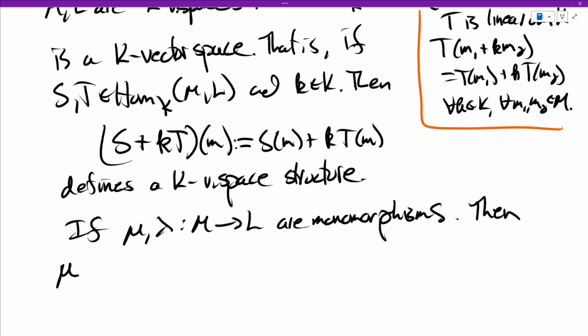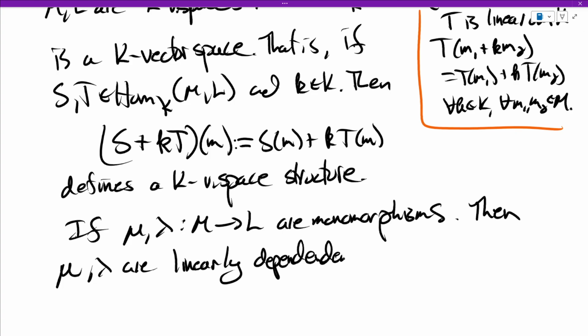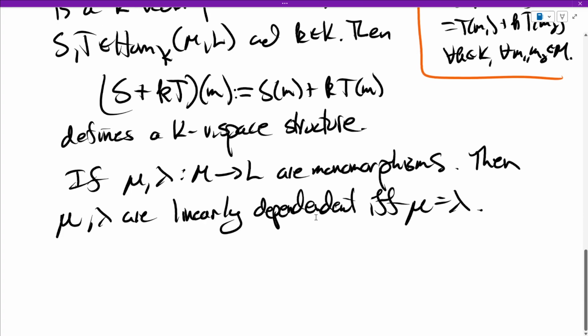So then mu and lambda are linearly dependent if and only if they are equal. That is, when we impose this additional field structure, we get linearly dependent maps if and only if they're just honestly the same function.